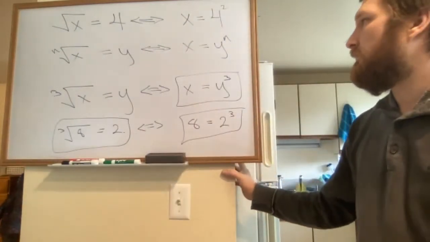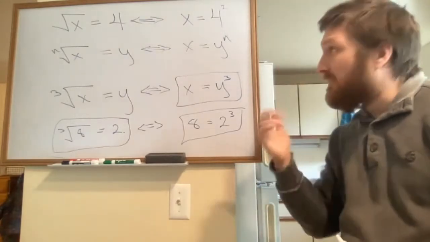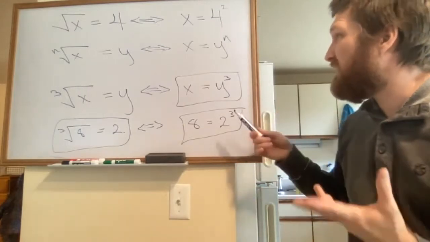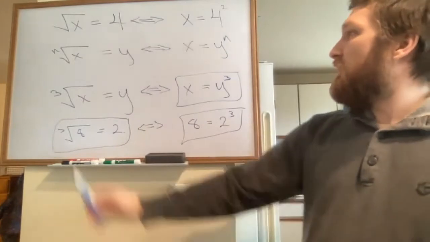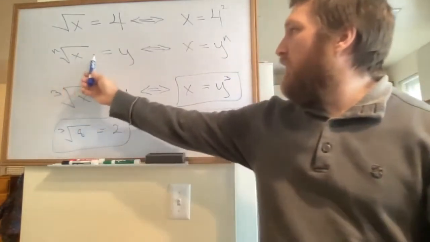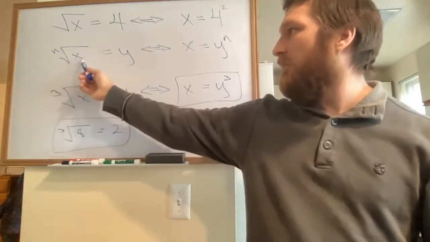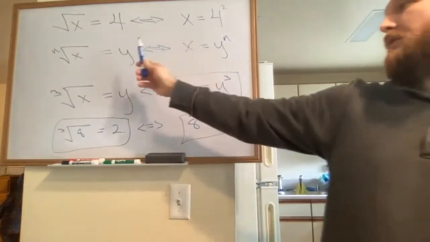In fact, it is what it means. You took a number, raised it to the nth power, and got out an X. So X was your output, and now when you take the nth root of it, where did it come from? It must have come from Y. And there's that relationship right there.